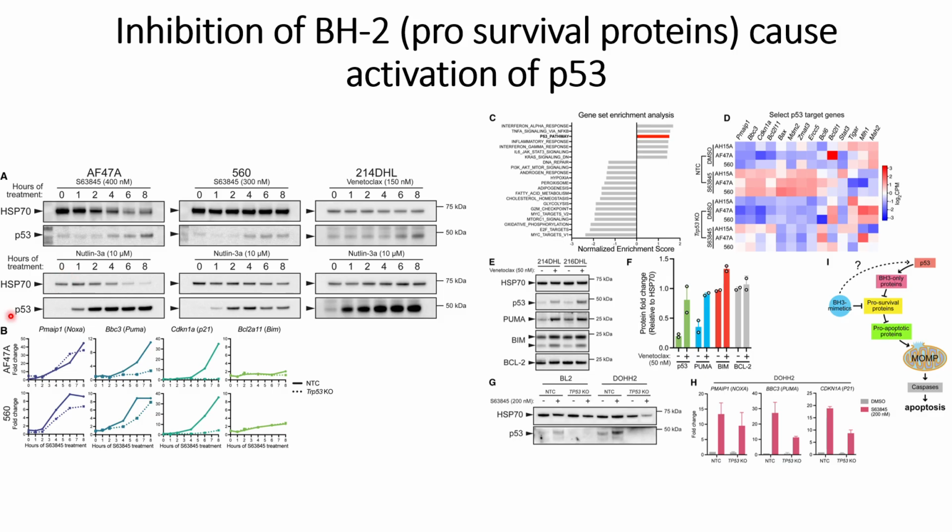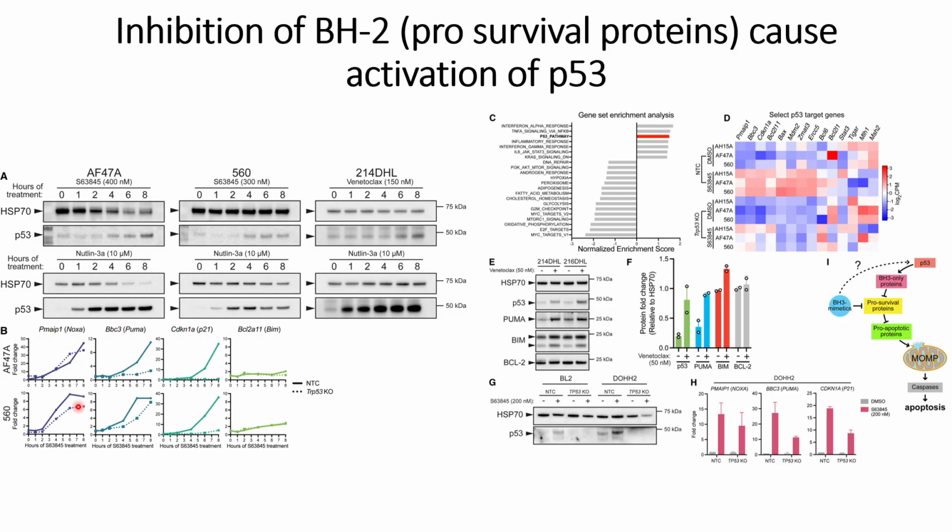To further validate their points, they used p53 knockout cell lines and wild type cell lines, and then did quantitative PCR, or qPCR, and checked the genes that are upregulated by p53 after treatment with S63845. They found that in the normal cells, where p53 is not mutated, there is an increase in markers such as NOXA, PUMA, P21, BAX.